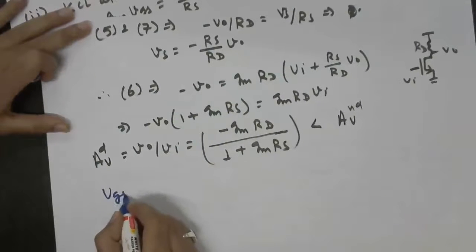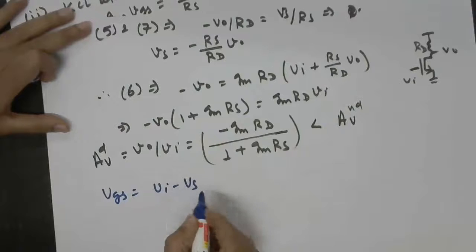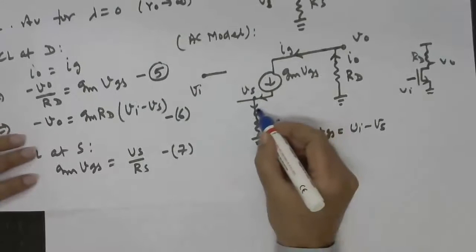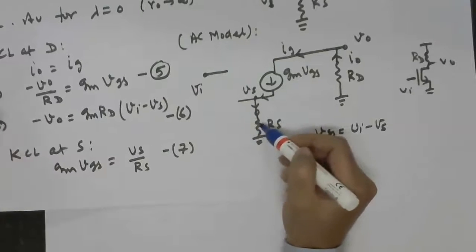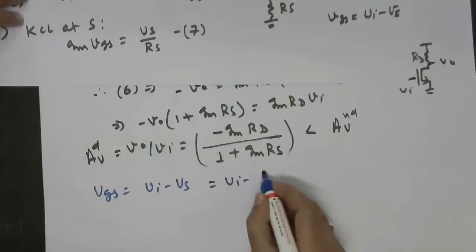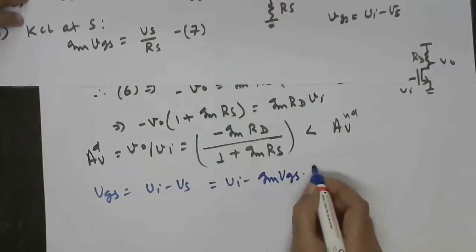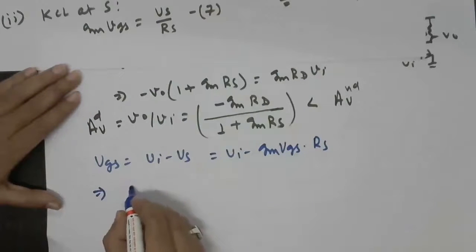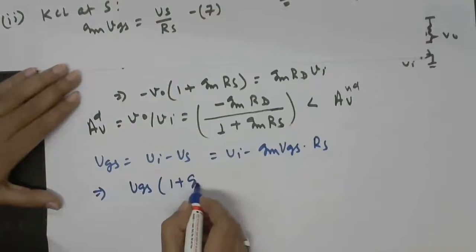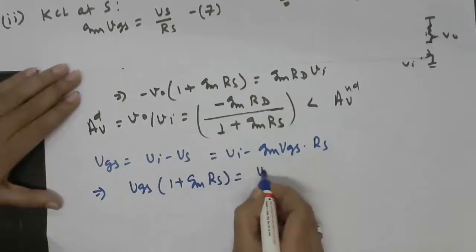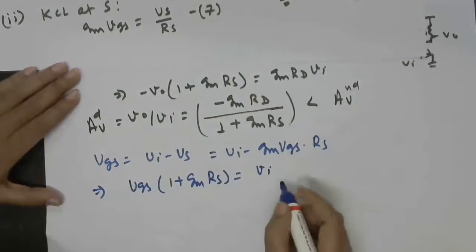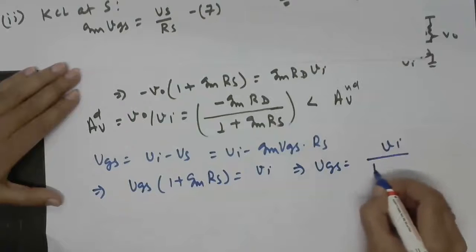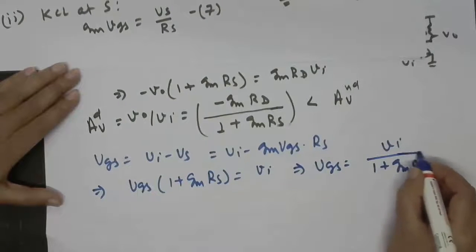With the degeneration case, VGS is VI minus VS. This VS is the current flowing through RS. So VI equals VGS into GM into RS, plus VGS. So VGS into 1 plus GM RS is equal to VI. So here VGS becomes VI divided by 1 plus GM RS.